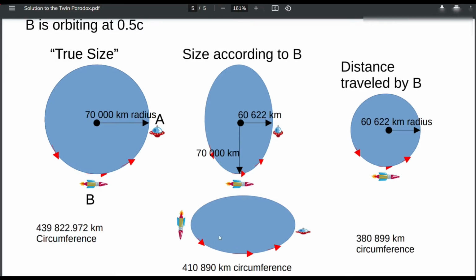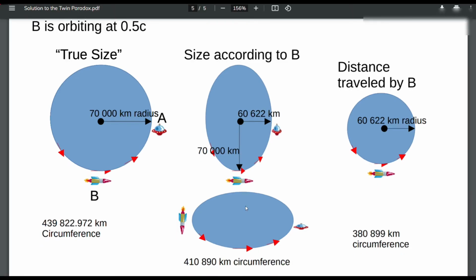Now, one very obvious question would be, suppose that B is orbiting a planet at a very low orbit, could B's travel circumference be less than the actual circumference of the planet? And the answer is yes. If you have a satellite that's orbiting the Earth really, really quickly, the satellite's own orbit will actually be smaller than the circumference of the Earth due to length contraction.